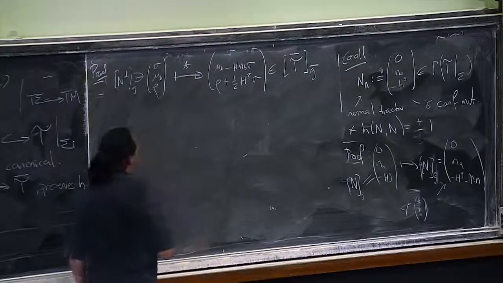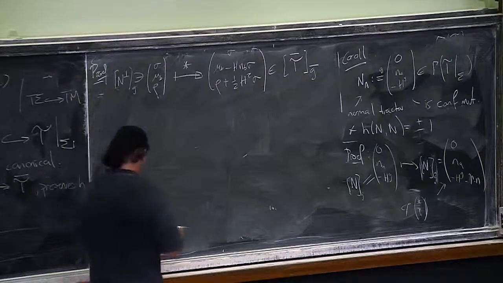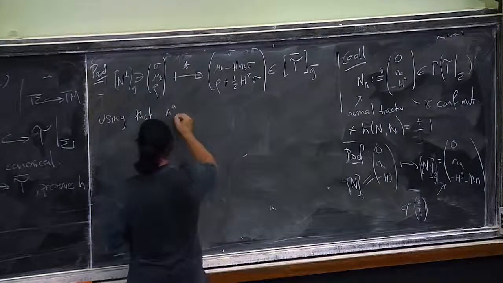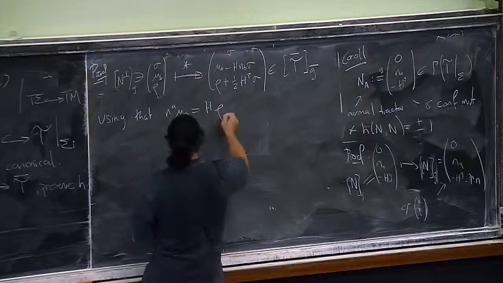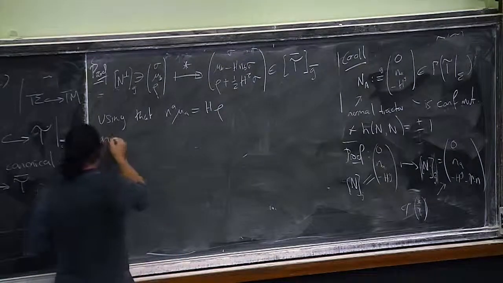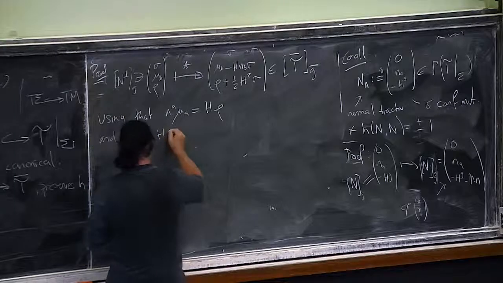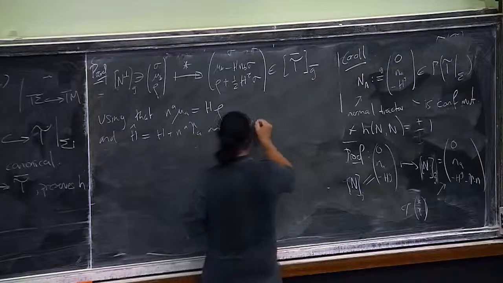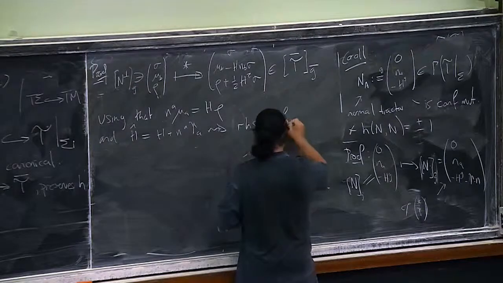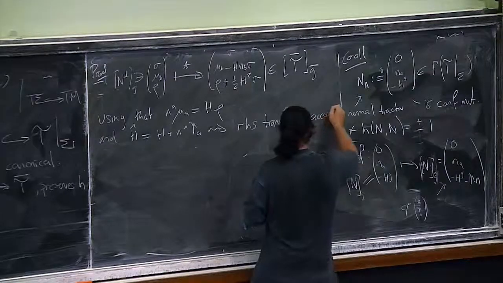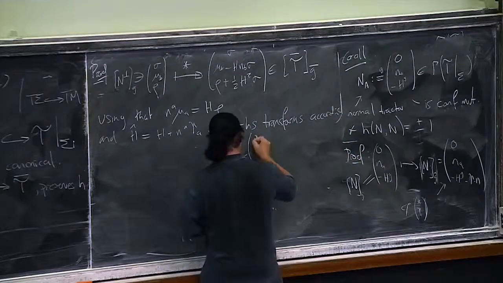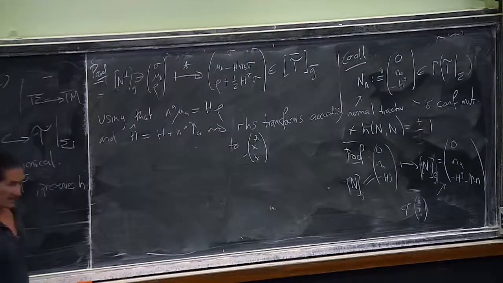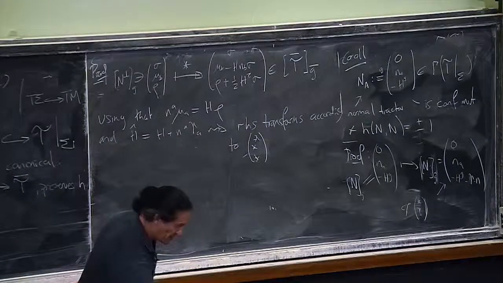And the proof is that, using that NA mu A equals H rho, and that H hat equals H plus NA epsilon A, you can deduce that the right-hand side transforms according to triple star. I mean, it transforms like a tractor for the induced transformations over here. It's a thing I called triple star the other day.